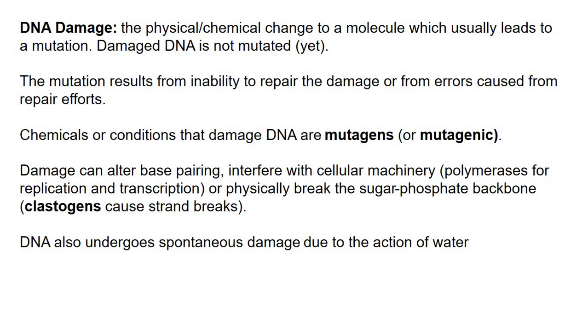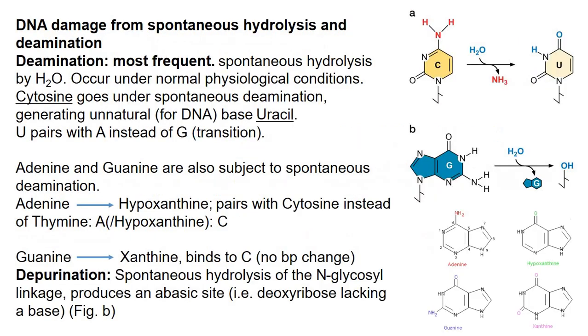DNA can also undergo spontaneous damage due to the action of water, because our cells have a lot of water. Many reactions release water molecules, and these can damage DNA as well. DNA damage from spontaneous hydrolysis and deamination is quite common. Deamination is the most frequent type of DNA damage, which occurs spontaneously in the cell.